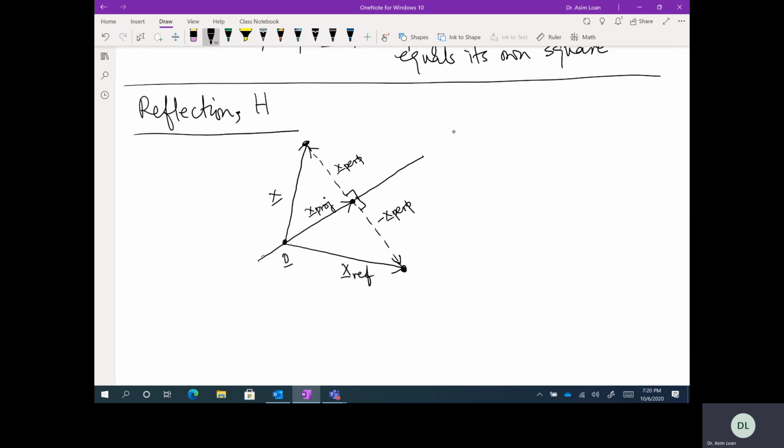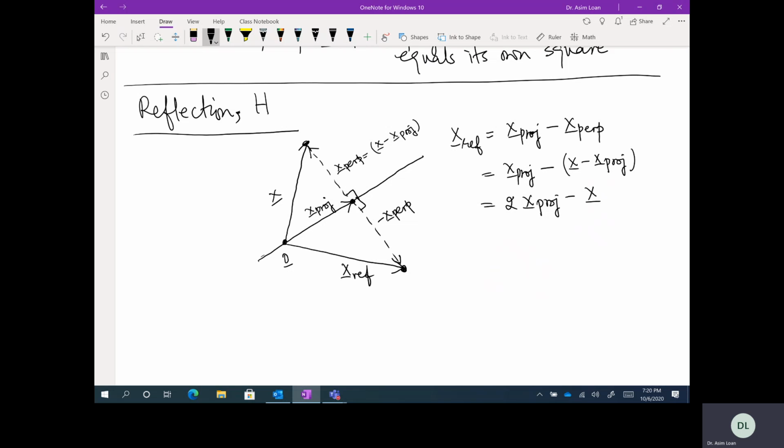So we can write x reflection is actually x projection minus x perpendicular. But what is x perpendicular? x perpendicular is x minus x projection, so the reflection is equal to 2 times x projection minus x.